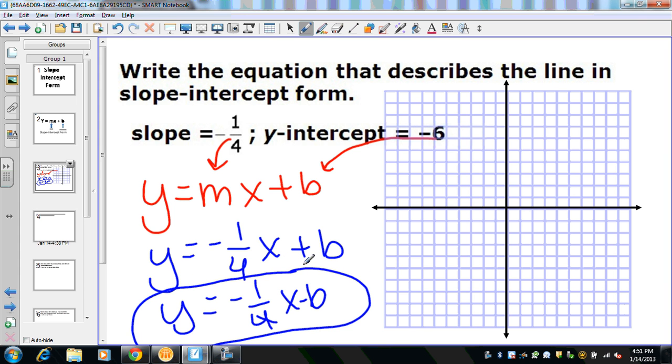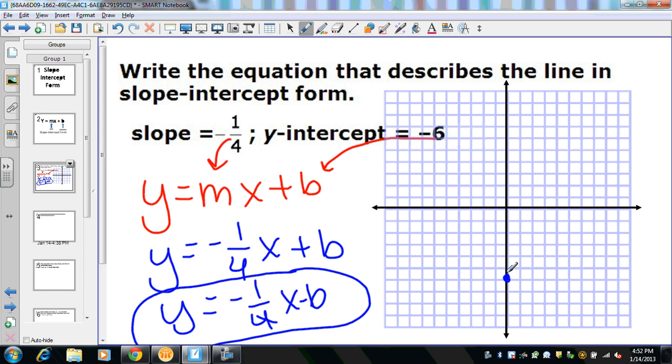And then just to show you, the directions didn't say to graph it or anything like that, but I just want to show you how easy it is to graph once you have it in slope-intercept form. So the y-intercept is -6, so that means we come down here on our y-axis, 1, 2, 3, 4, 5, 6. That means that there's a point there at (0, -6). And if the slope is -1/4, that means that it is going down.